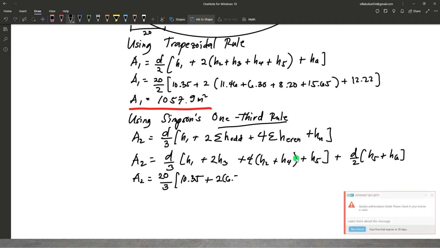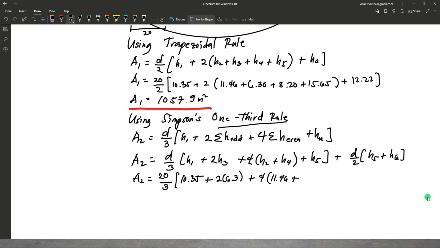So 20 over 3 is the quantity of 10.35 plus 2 times 6.3, sorry, plus 4 times 11.46 plus 8.2 plus 15.65.